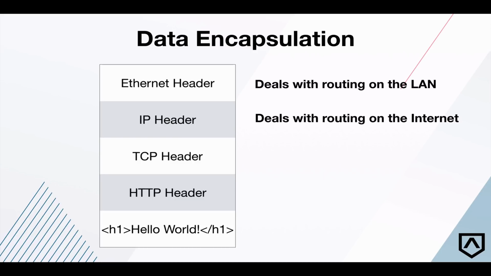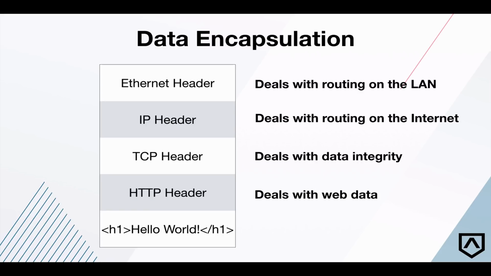Once it's out in the open internet, it needs to traverse a whole bunch of different nodes in order to get to the specified destination. Next up, TCP deals with data integrity or reliability. Again, we'll talk a little bit more about TCP in a second.